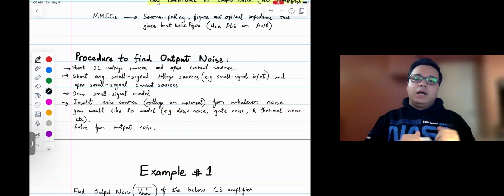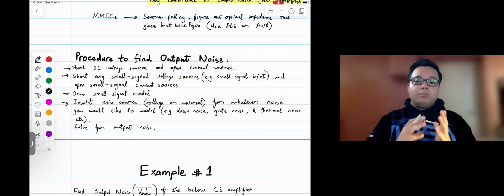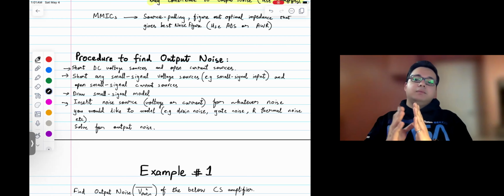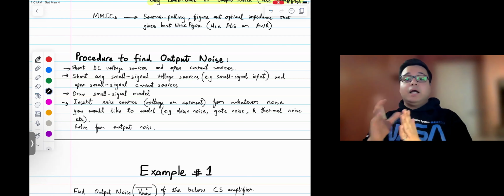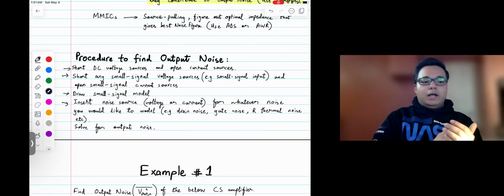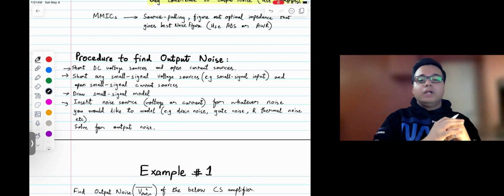So it just depends on your application and what kind of noise is important to you. Typically, when you model more noise sources, your analysis becomes much more complex, lengthy, and time-consuming, but also more accurate. On the other hand, you could reduce the number of noise sources that you're modeling.